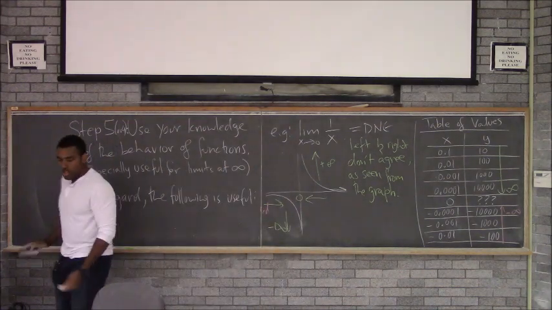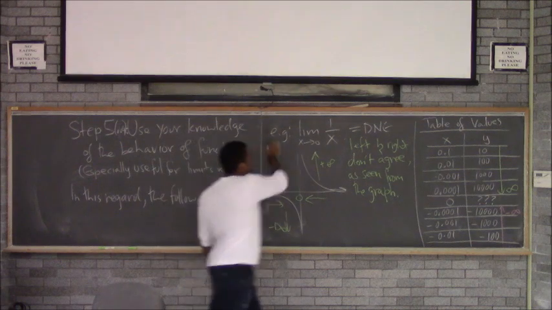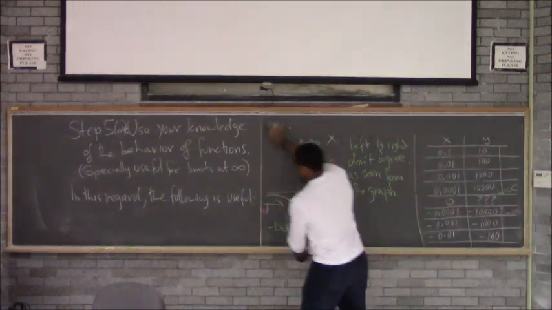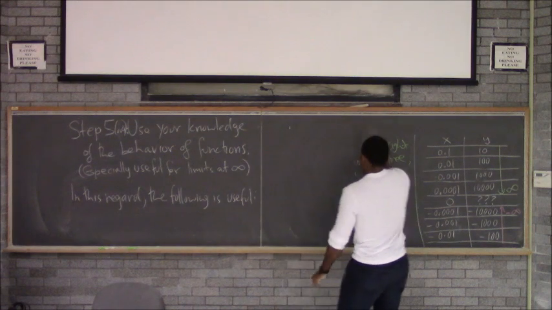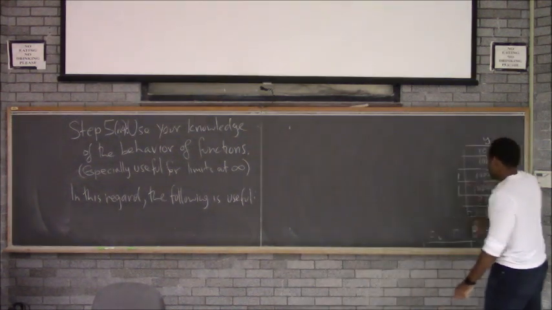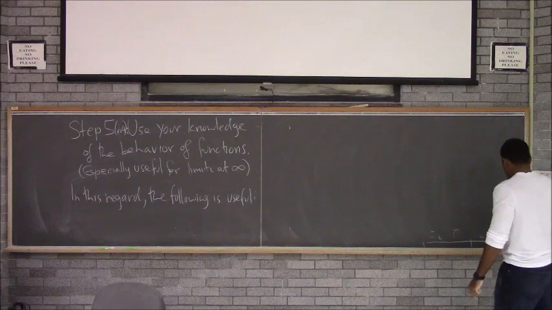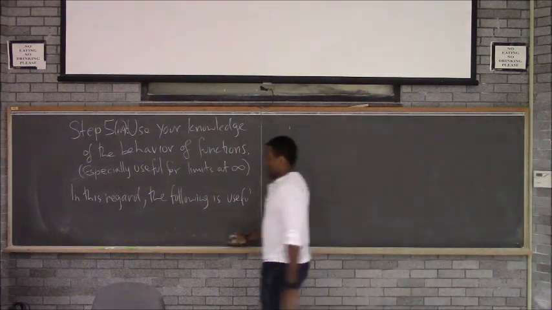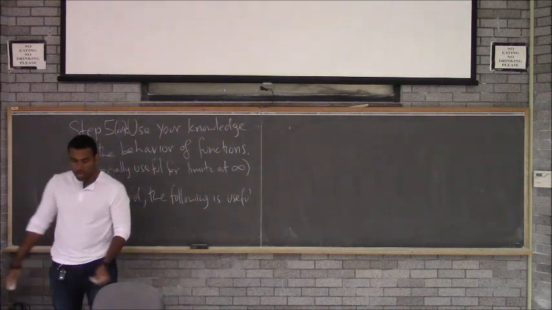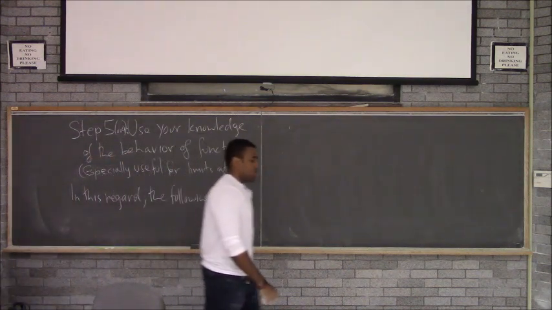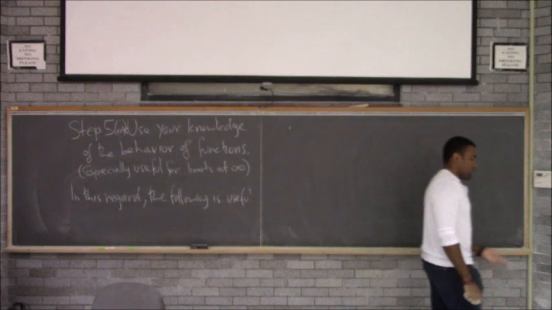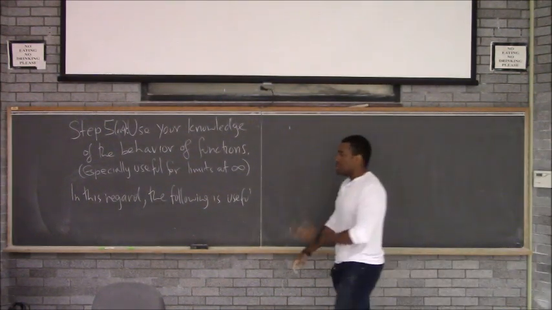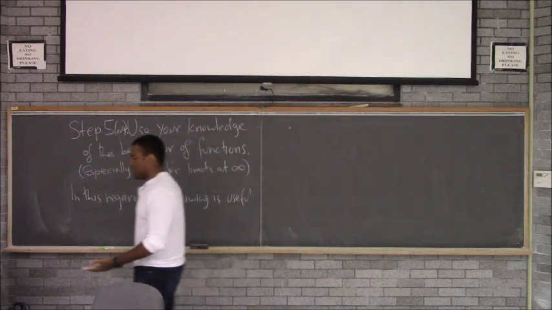Okay, so now I'm going to tell you about how certain functions relate to each other, especially when the input is going off to infinity. So there's the idea, and you're in Calc 1, 2, 3, even Calc 4, these are the kinds of functions you're going to be studying.